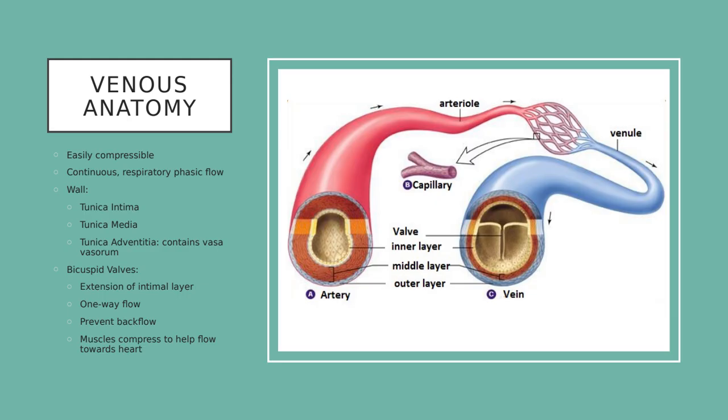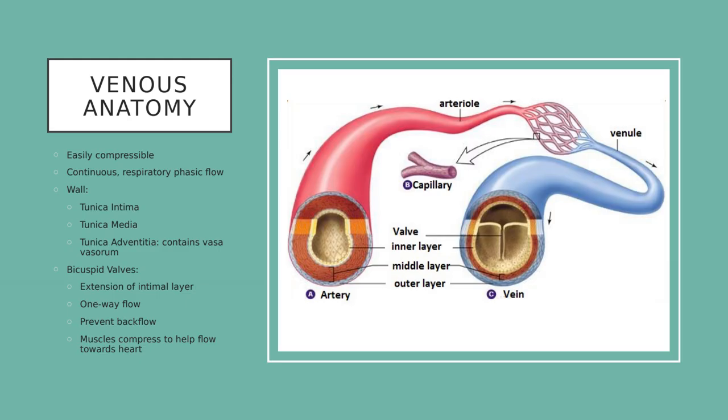Because no one wants to be on a roller coaster that's not working appropriately. But you're trying to go up the hill, and it's like, oh my gosh, we didn't have enough force to get to the top of the hill. So now you go backwards. That's the same thing that can happen in our veins. Our valves help us to prevent that excessive backflow of fluid.